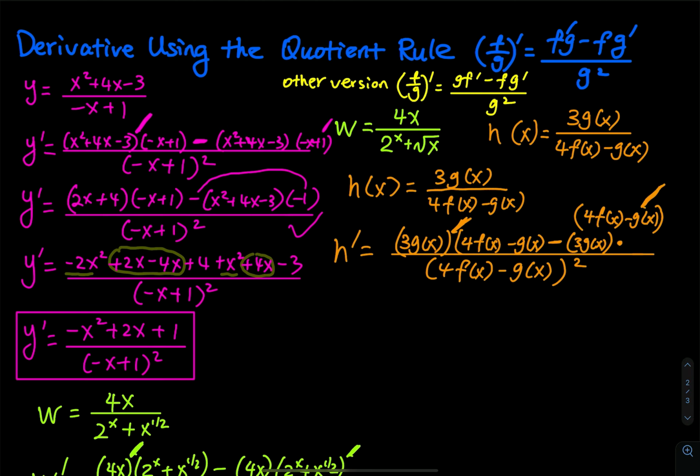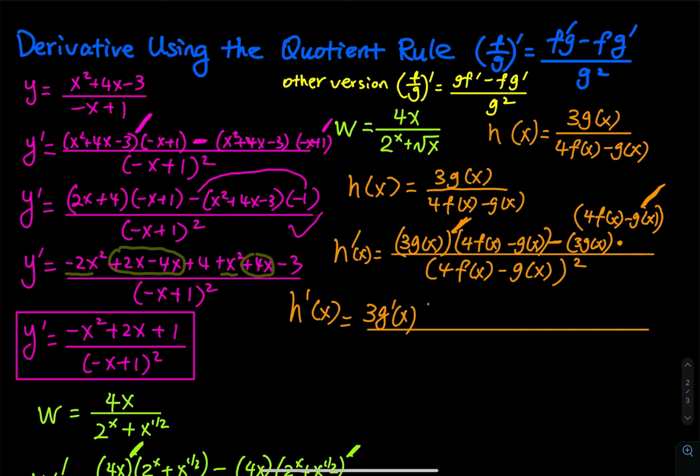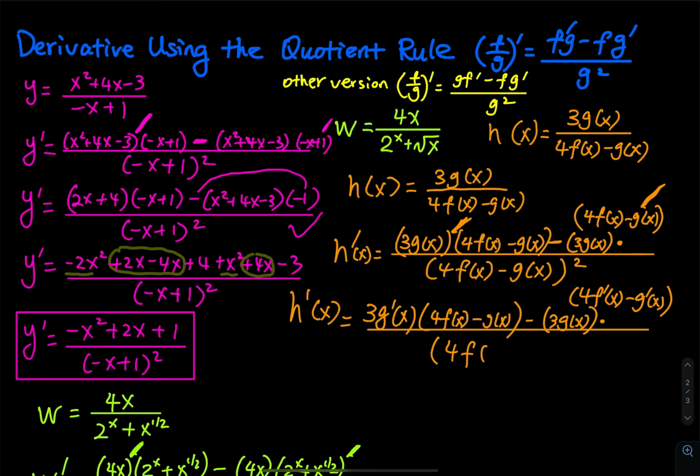We don't know what the function is exactly, so we just use the notation g prime of x, and then you copy the other one, minus g of x. It's a lot of parentheses, so just be careful. Then minus 3g of x times the derivative, 4f prime of x minus g prime of x, divided by 4f of x minus g of x, and then you square the entire denominator.